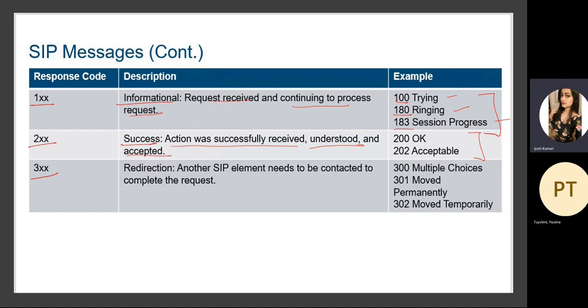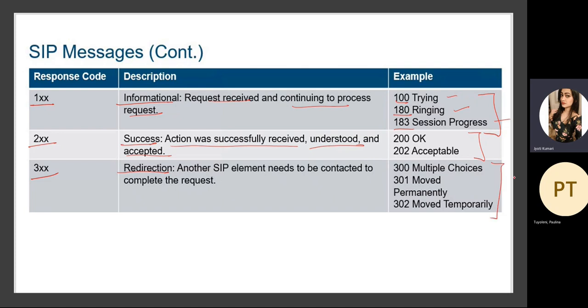300 series messages are redirection. When another SIP element needs to be contacted for the request to be completed, when redirection takes place, then a 300 series response code is received.